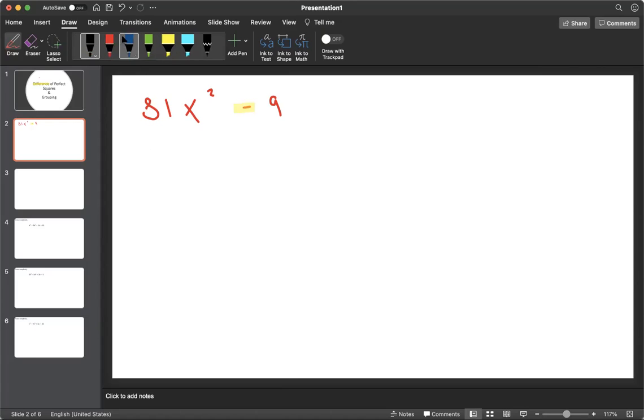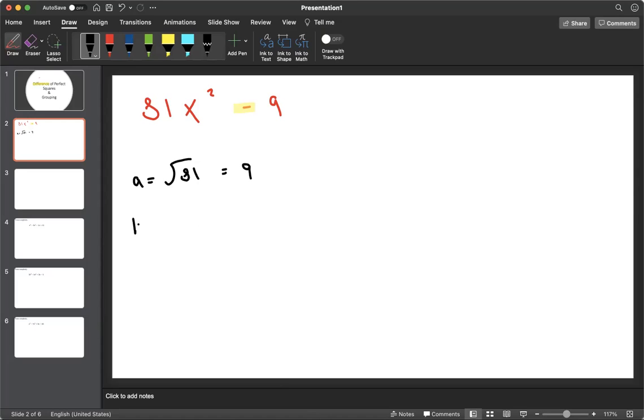So the way we do this is my a value is equal to the square root of 81. Right here, a comes before b, and 81x squared comes before the 9. So we're simplifying a radical. A is equal to 9.